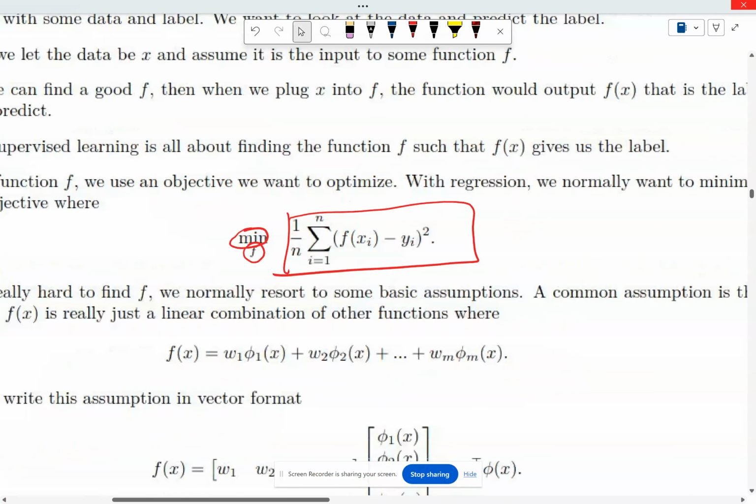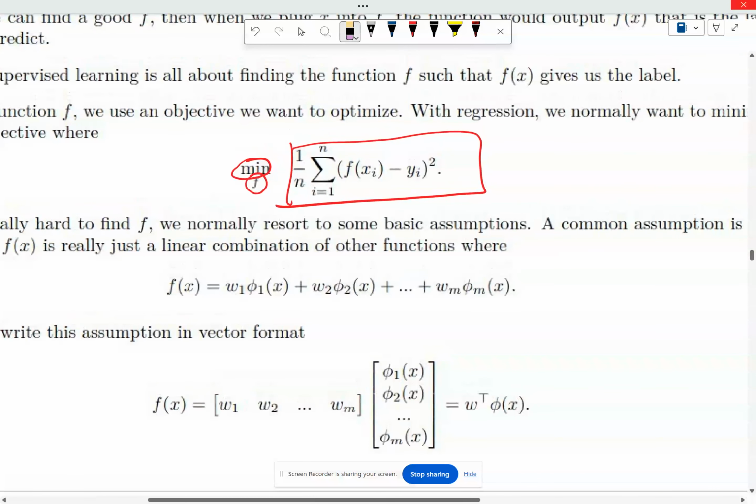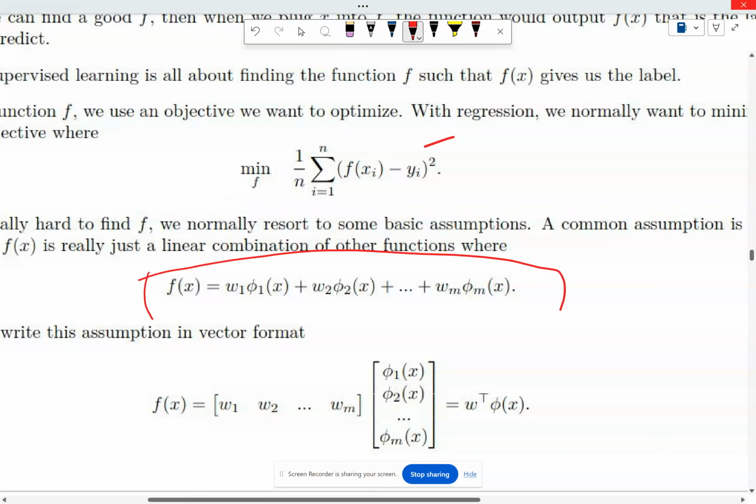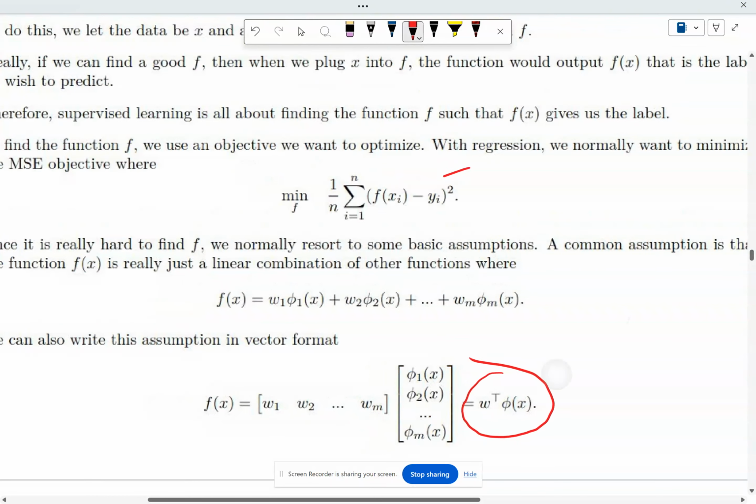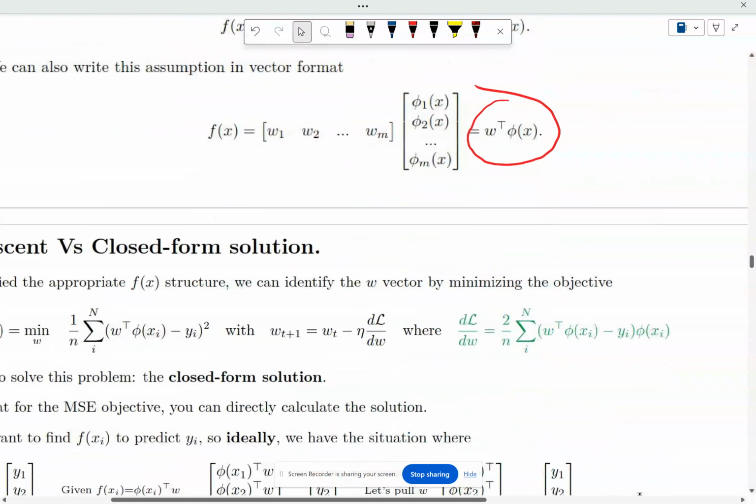And in the last class, we said that it is really hard to find the perfect function. So what we do is we make an assumption that the function is in some form where it's a combination of other functions. So these are other functions, and we're saying this function is a combination of them, which allows us to write our function this way. This was a review from last class.